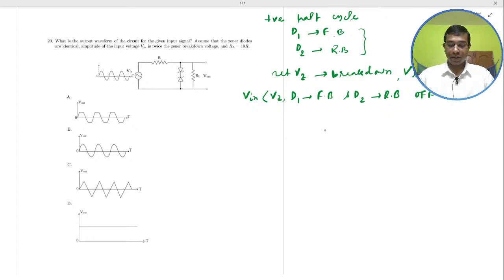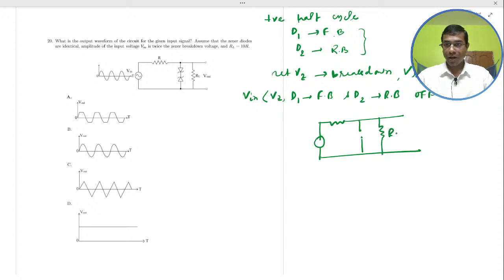So the circuit would become this: this is the RL, this is the R, and here the V output is V input.